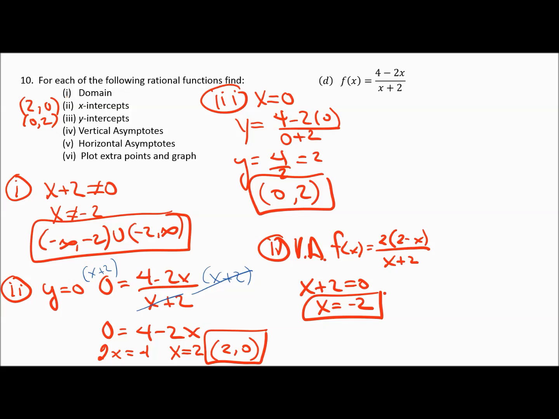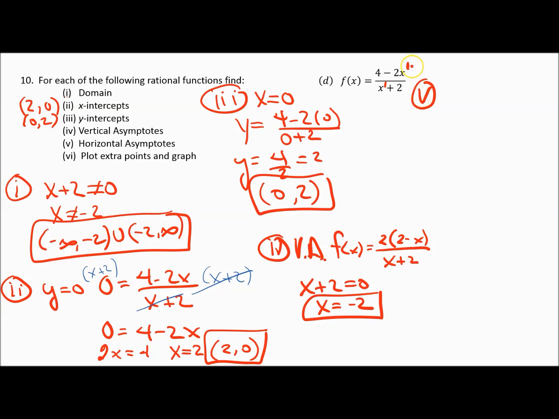Finally, we're supposed to find the horizontal asymptote. The way to find them is you compare the degree of the numerator, which is 1 in this case, to the degree of the denominator, which is also 1. So the degrees match. Every problem we've done in this review, the degrees match. If they didn't match, then if the top is smaller, it'd be automatically y equals 0 as your horizontal.